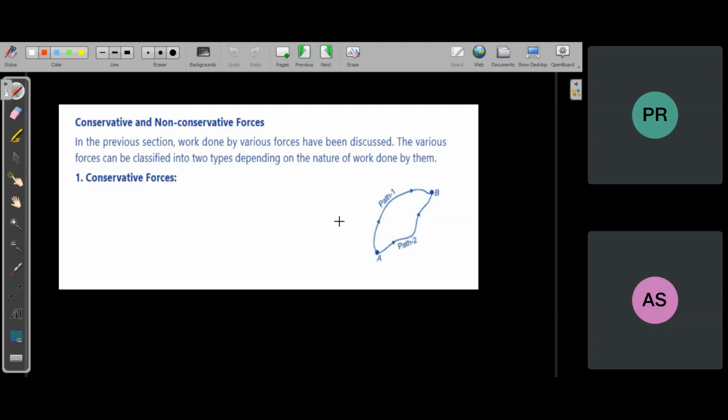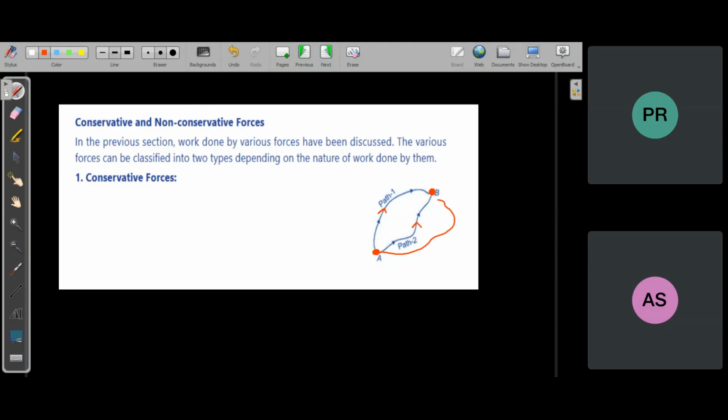For example, if a particle goes from here to here and a force is acting, the first time the particle goes through path 1 and the second time through path 2, and in both cases the work done comes out to be the same. It's not only about two paths, it's about any path.